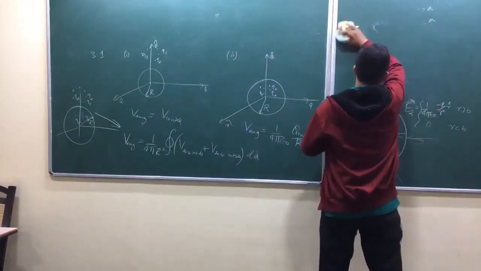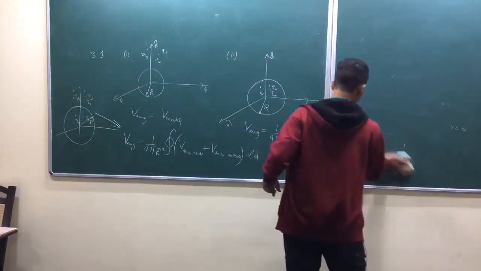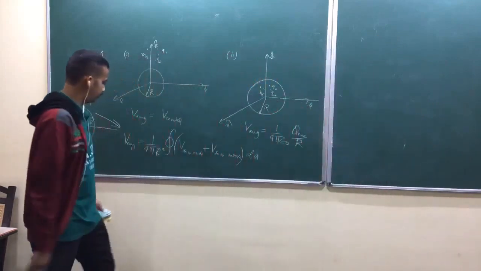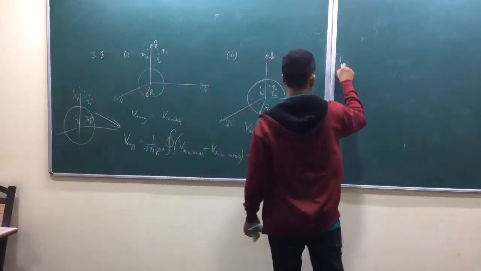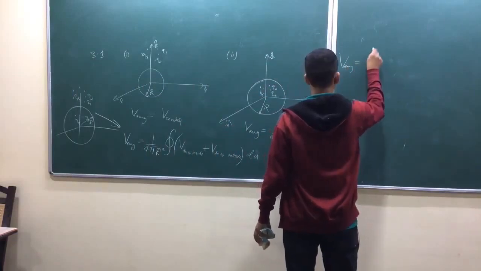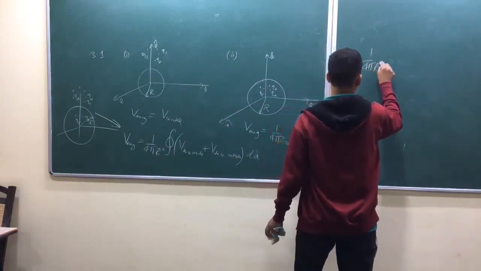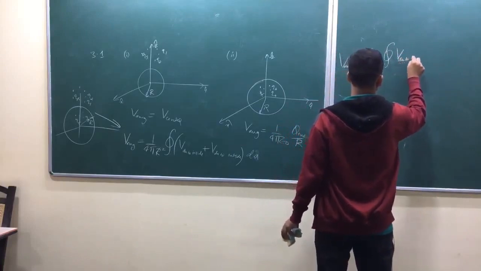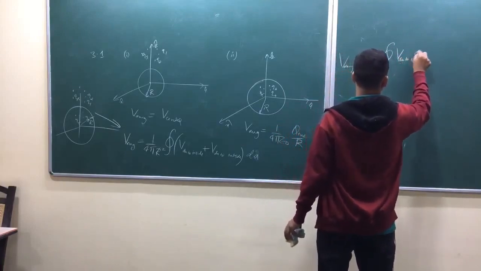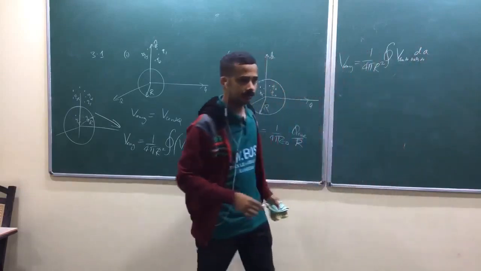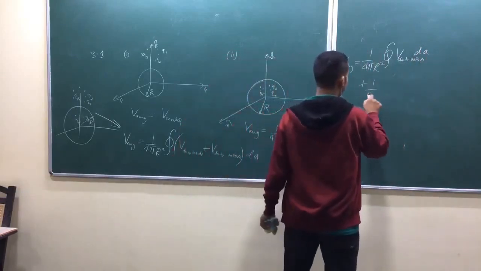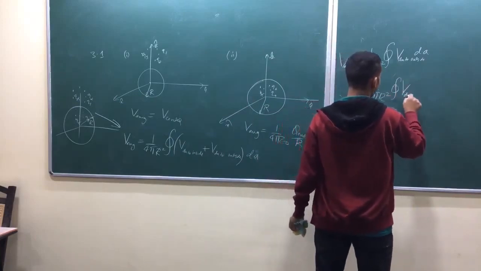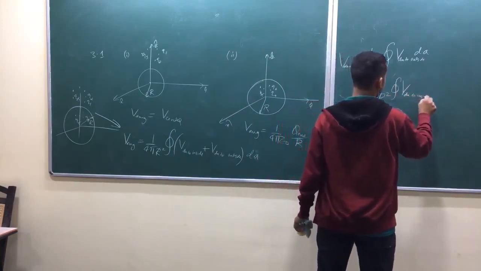When I split this one, look at here, total V average, so 1 by 4 pi r square, okay, integral V due to outside dA, so plus 1 by 4 pi r square integral V due to inside dA.